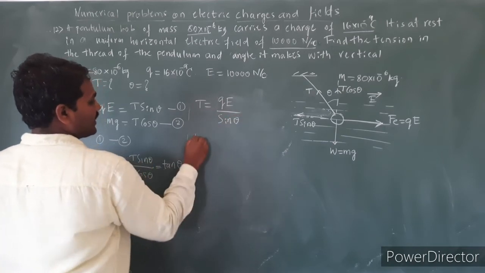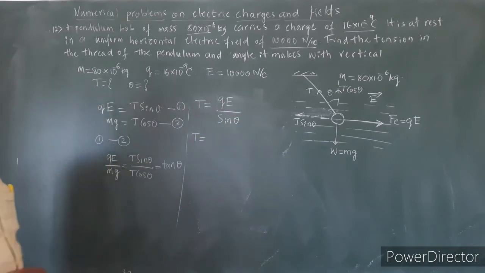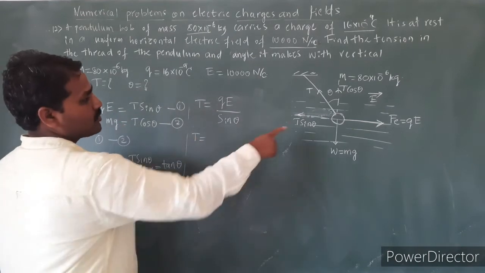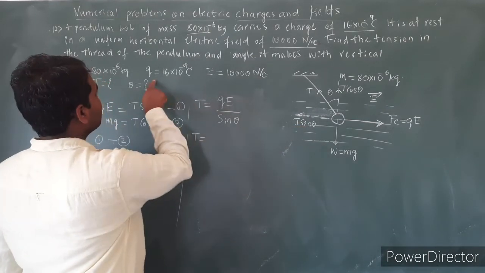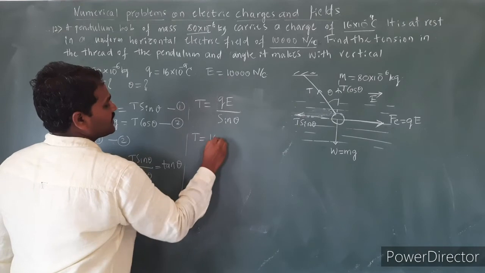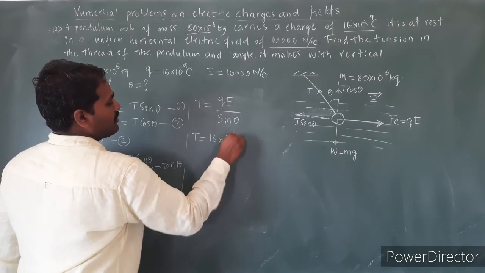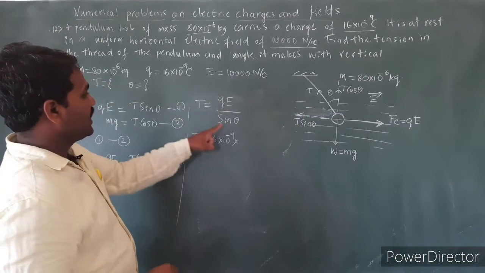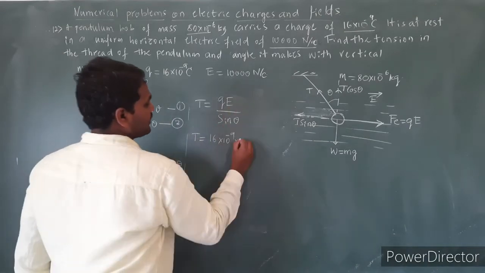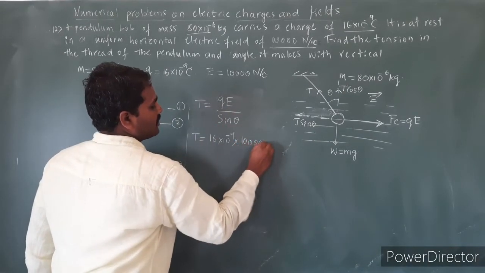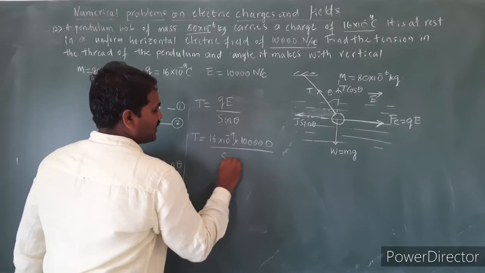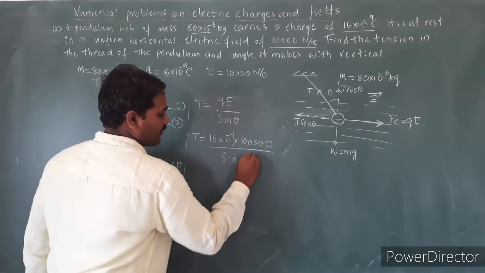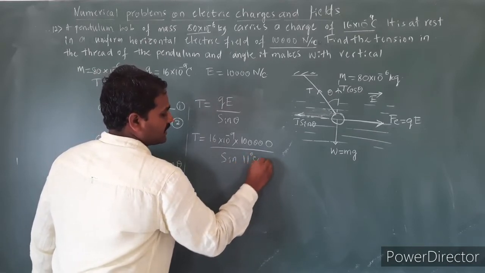So I can calculate the tension in the thread: T is equal to Q, the charge of the pendulum, that is 16 into 10 to the power of minus 9, into the electric field magnitude, that is 10,000 newton per coulomb, whole divided by sine of theta, which we just found to be 11 degree 30 minutes.